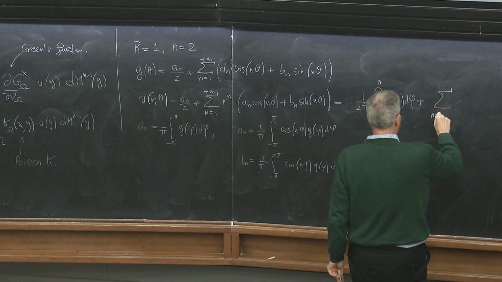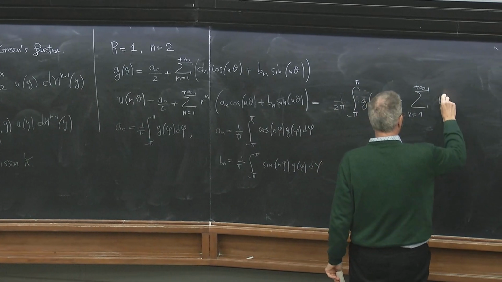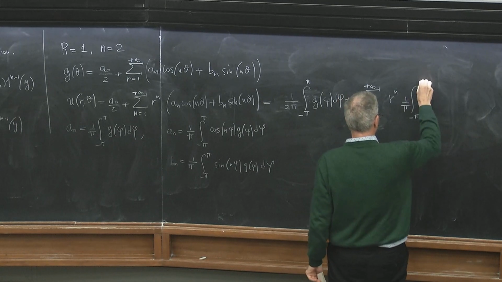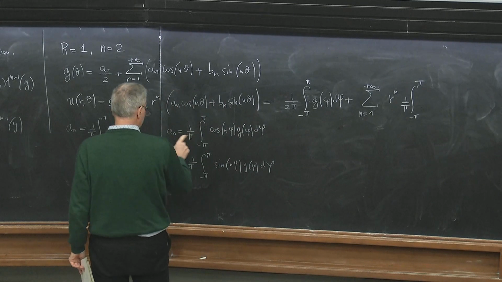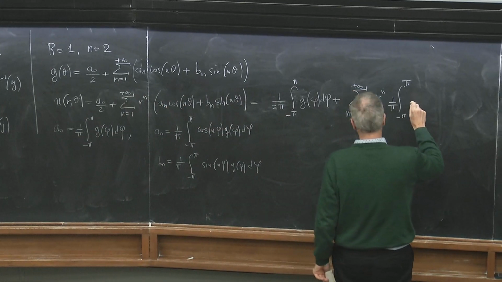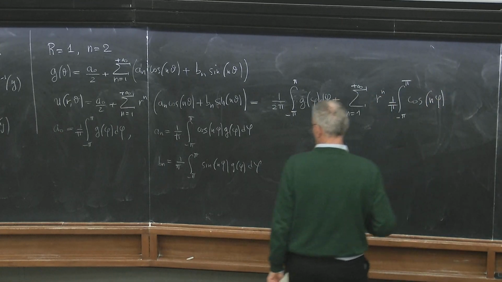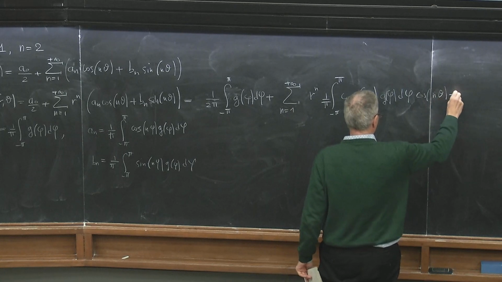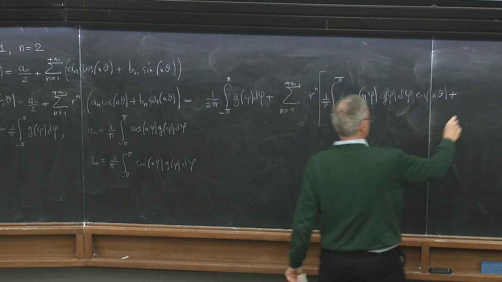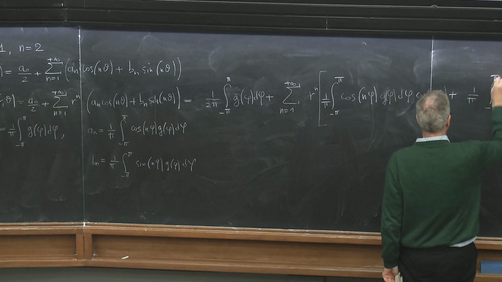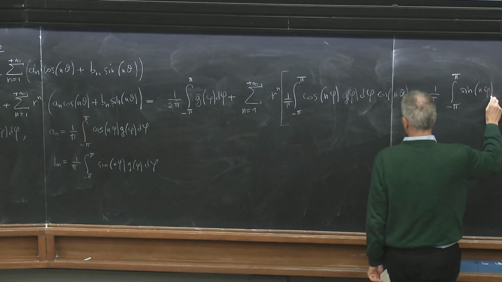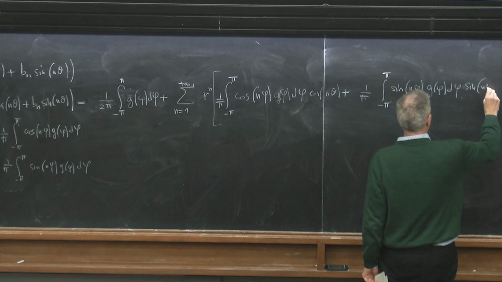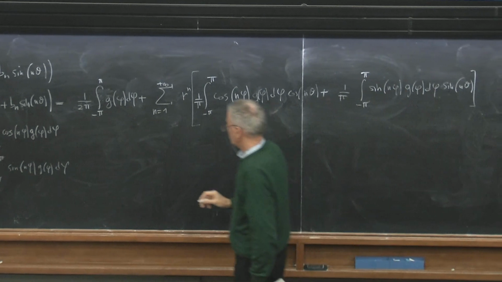Then r to the n, then we substitute 1 over pi integral from minus pi to pi of g times cosine, plus the sine term.